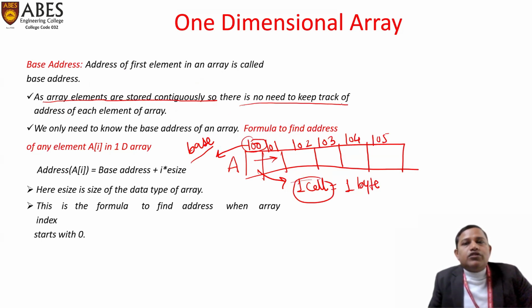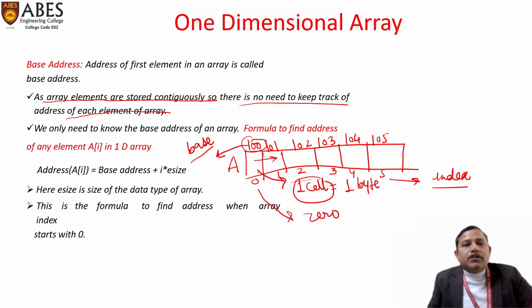So there is no need to keep track of the address of each element. What is the meaning of this? Suppose this is index 0, the starting index, and this is 1, this is 2, 3, 4, 5. This is the indexing in a one-dimensional array, and we start indexing with 0.